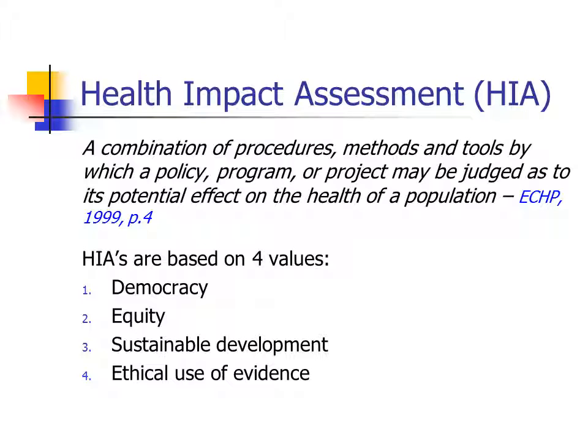So in many communities, there is inequity in terms of health outcomes depending on where you live or depending on what your socioeconomic status is or your race. And then sustainable development. So are the things that we want to do in a community, are they sustainable? And then the fourth value is ethical use of evidence.